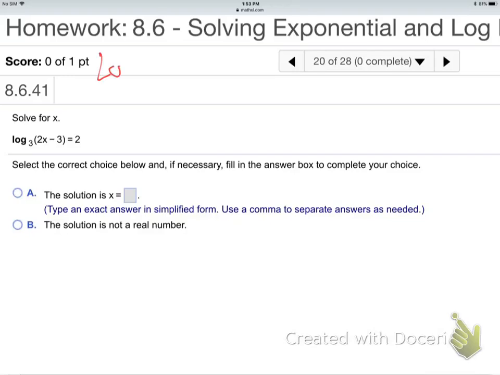All right, so log base 3 of 2x minus 3 is 2. You know the deal. Cross off the log, base stays the base, other two switch. Yeah, this one will work fine that way.